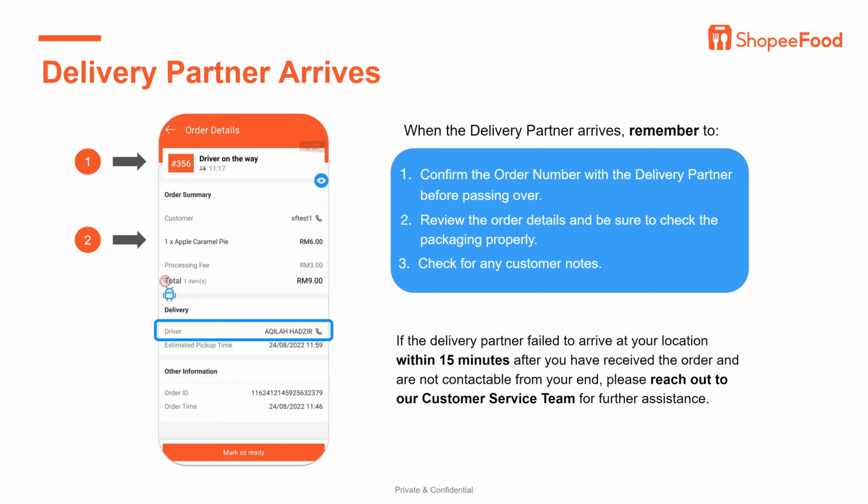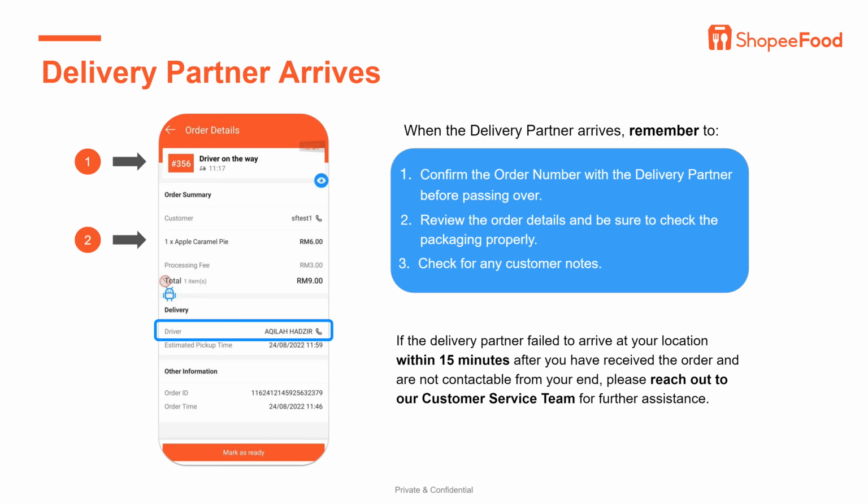This is not only to ensure that the meals are given freshly to the customer, but overall to ensure that we can prevent any spillage during delivery. You are able to contact the rider if they fail to arrive at your location within 15 minutes after you receive and prepare the orders.